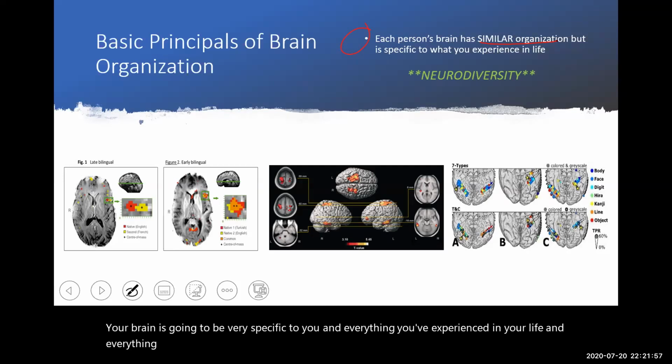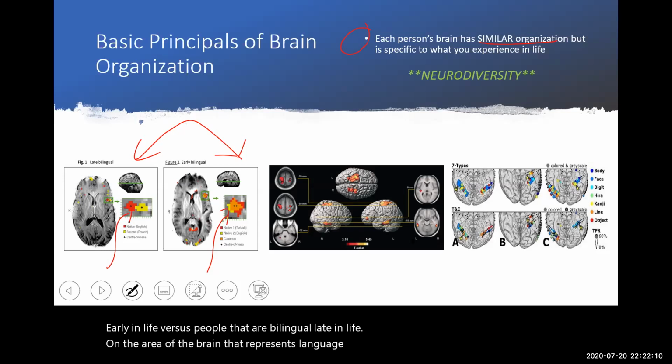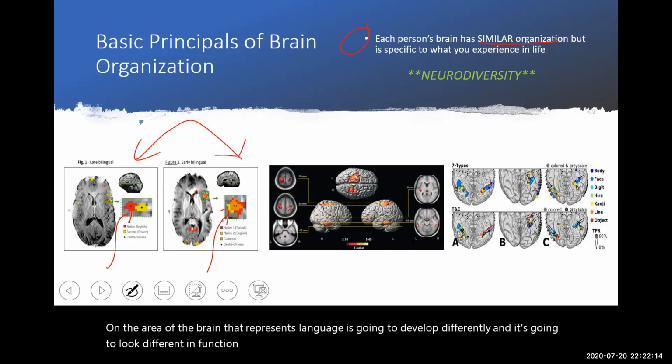in your life. So for instance, people that are bilingual early in life versus people that are bilingual late in life, the area of the brain that represents language is going to develop differently, and it's going to look different and function slightly differently.